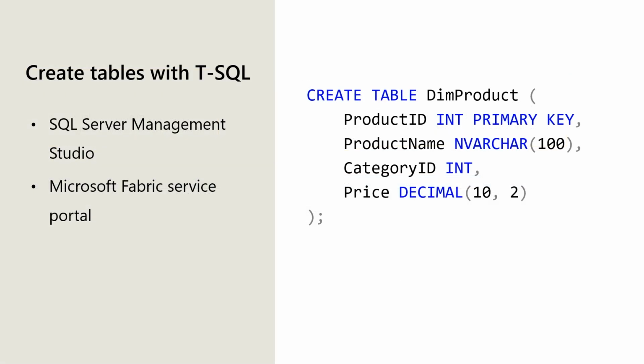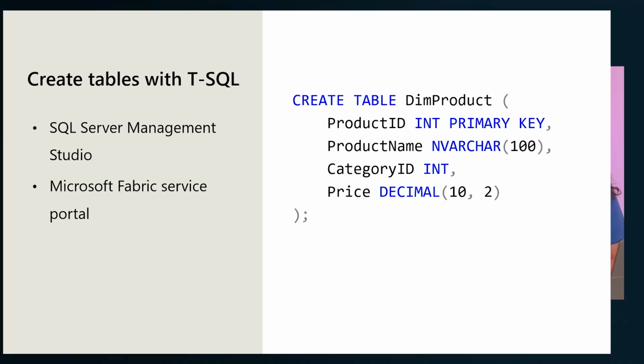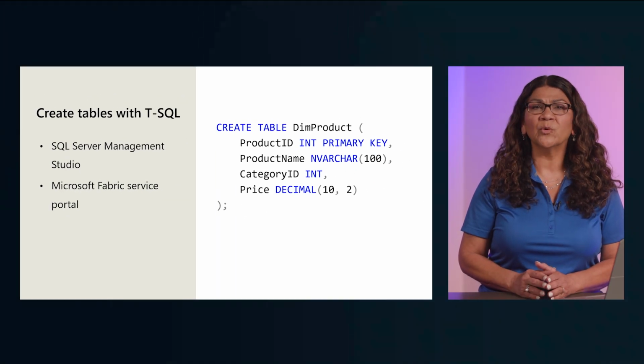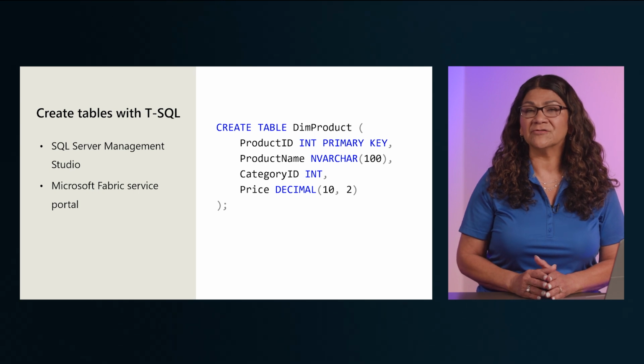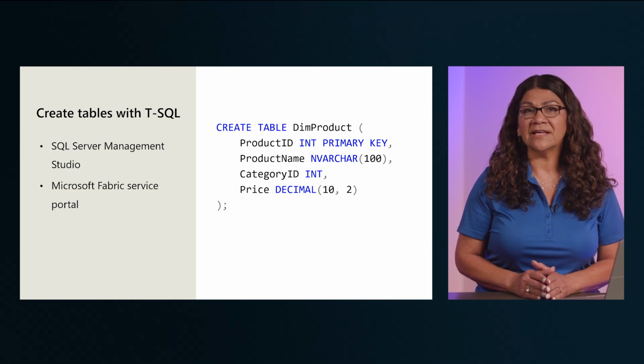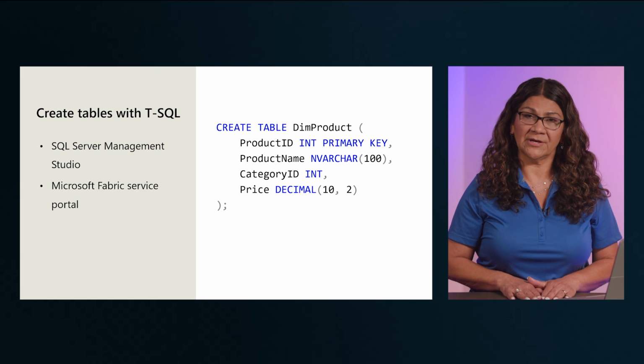Creating a table using T-SQL in Microsoft Fabric Data Warehouse involves several steps that can be done by connecting to the Fabric Data Warehouse using SQL Server Management Studio, SSMS, or using the Microsoft portal. To connect to the data warehouse from SSMS, you will need the SQL connection string.